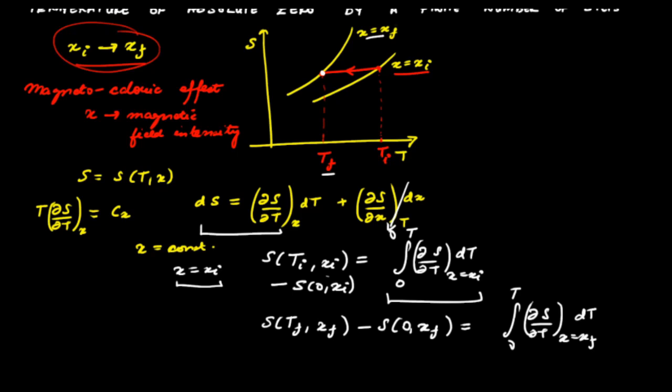Now, from this diagram, it is clear that to get the maximum cooling effect, if the system goes from this state to this state, then we won't get the maximum cooling. To get maximum cooling, we will have to go through a reversible adiabatic process where the entropy does not change.